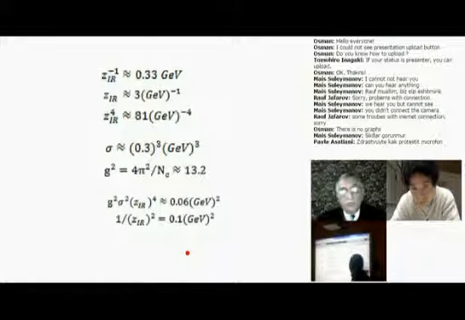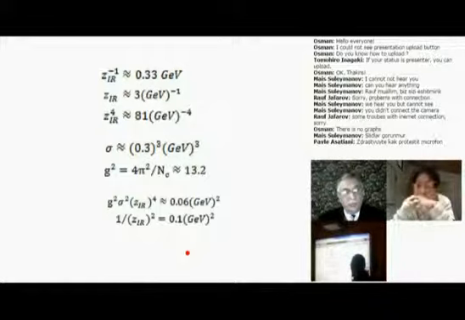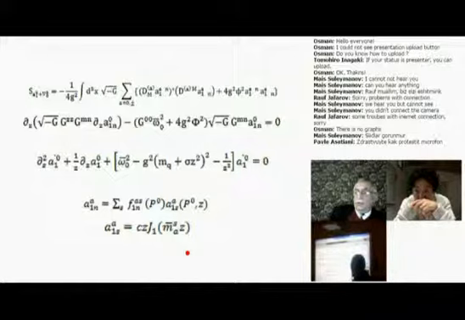Next slide. We take the values of these terms. We see that 1 divided by z_IR squared is more than this term. In the equation we see that this term, even at the IR limit, is less than this term.